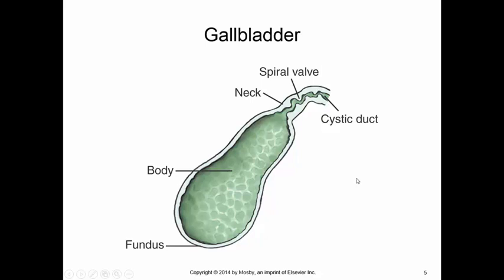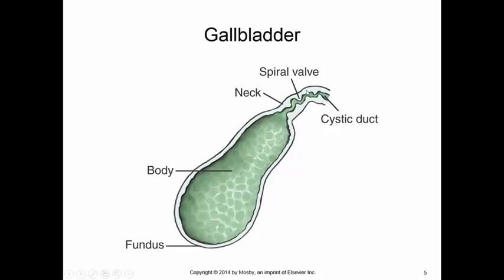Now, the cystic duct is 3 to 4 centimeters long, and contains several folds made up of membranes. So they call it membranous folds. These folds are called the spiral valves. They function to prevent distension or collapse of the cystic duct. So they just kind of keep everything normal.